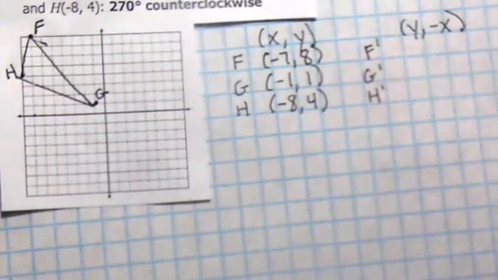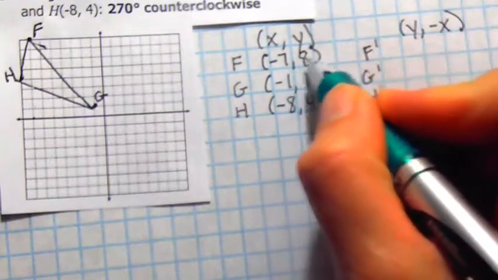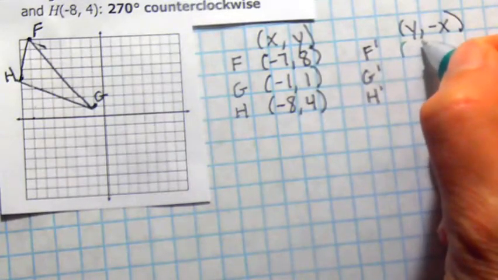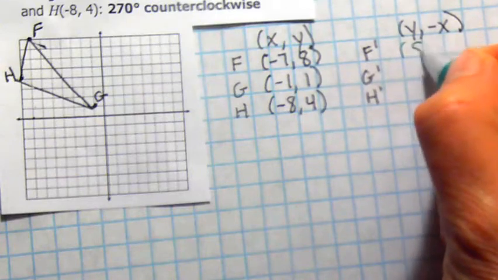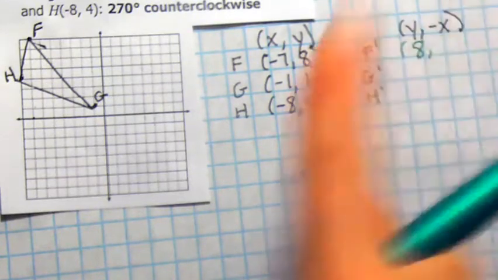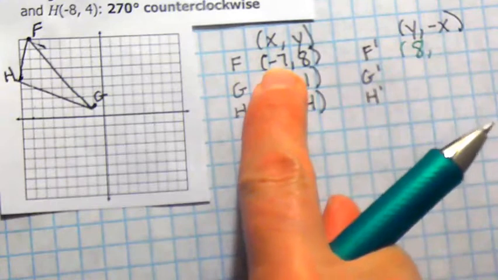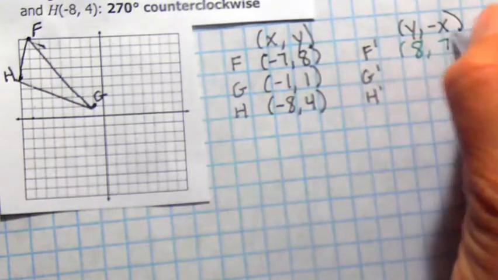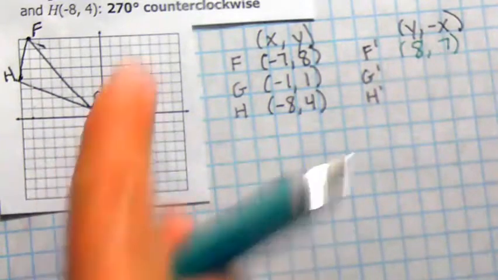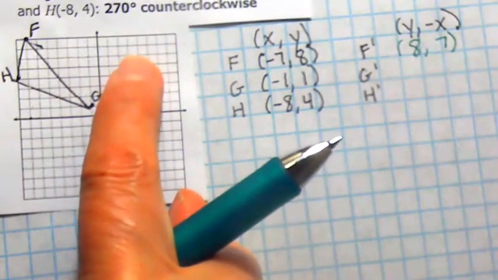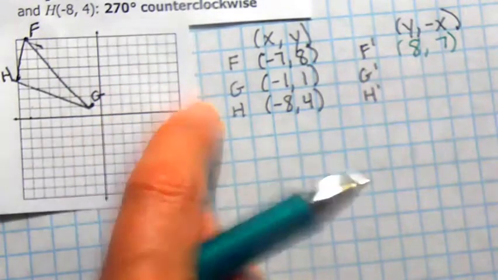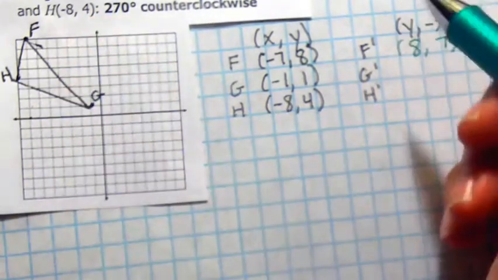Okay, so taking a look at what that looks like, I have -7, 8. So I'm going to go 8, flip-flop my y over to the left, and the opposite of what x is. X is -7, so it's going to be +7 now. And I would expect all my coordinates to be positive because it's going to be in that first quadrant where it's positive for x, positive for y.